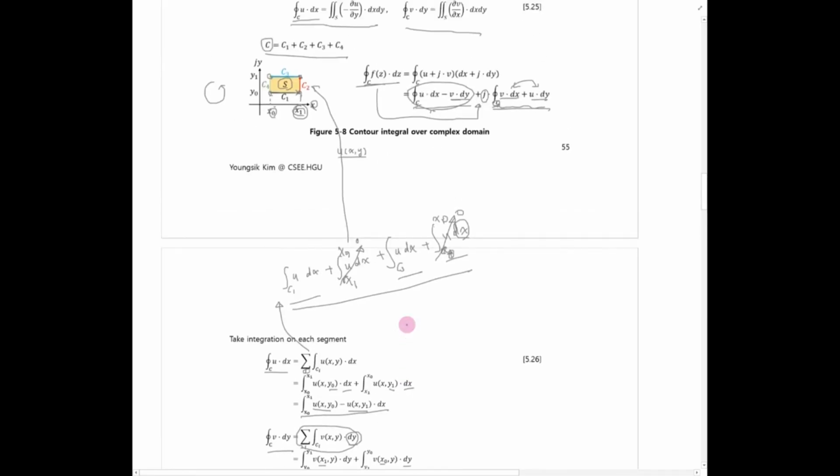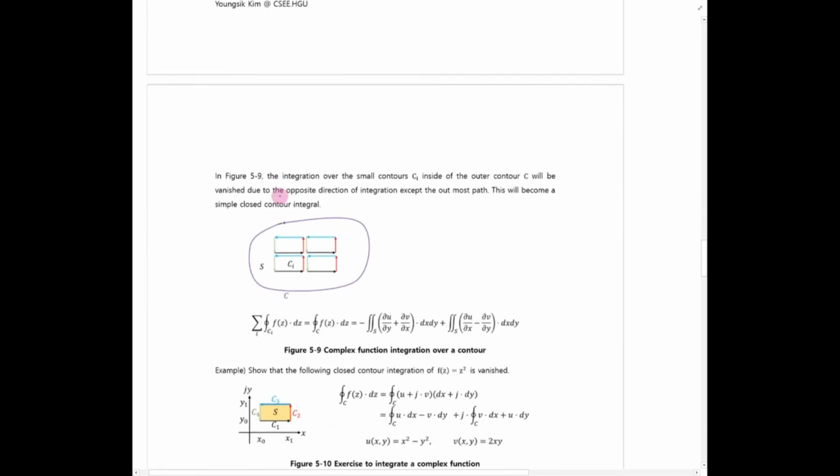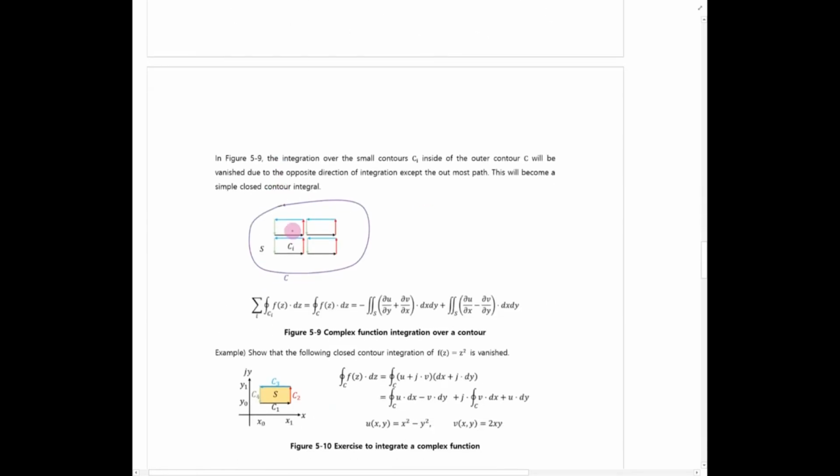Before closing this one, I would like to mention the contour shapes. At this moment, I just assume a rectangular contour shape, but we can extend to any kind of contour. Here shows the idea. We have many small contours, Ci, Cj, Ck, whatever. If there is any given contour C, then we can make infinitesimally small rectangular contours created over here.